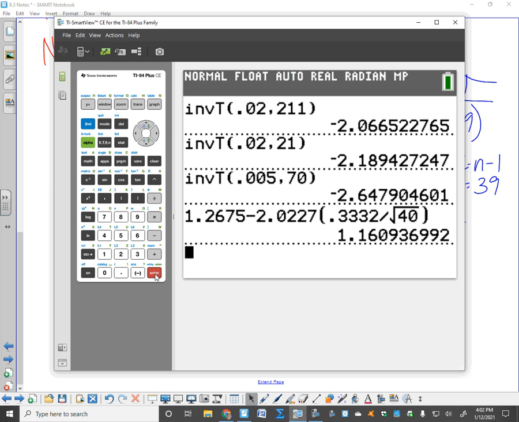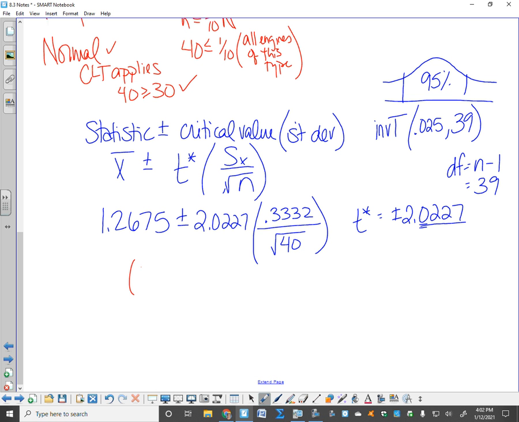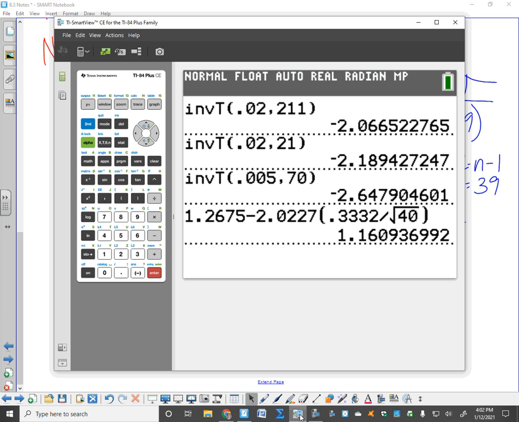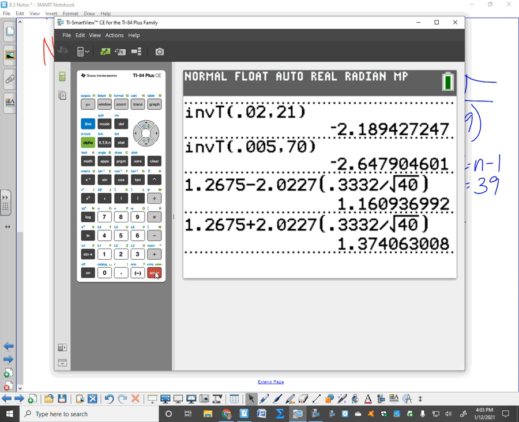1.161. Comma. Then I'm going back, highlighting, scrolling, changing that to a plus sign. 1.374.